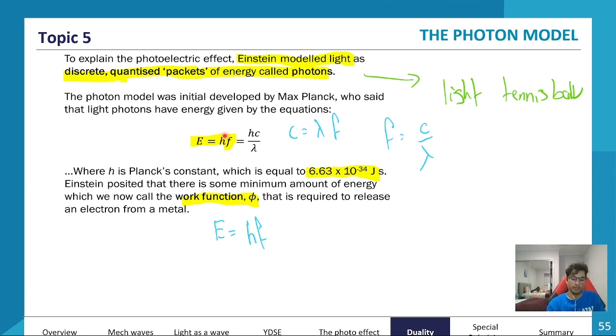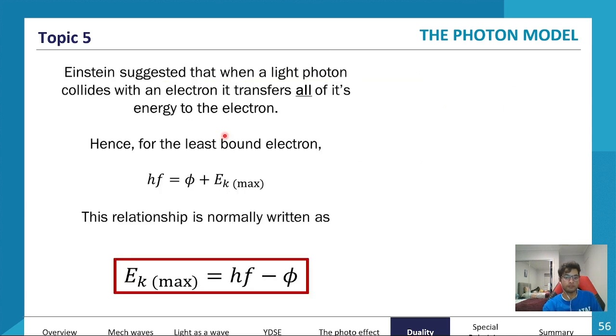Similar to what is called the threshold frequency, there's a minimum amount of energy that you have to meet to actually get photocurrent.